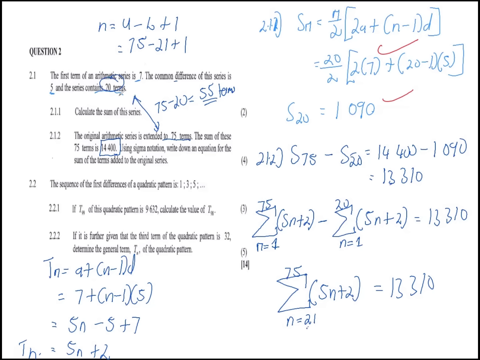So when they add the 55 terms, they're adding from 21 all the way to 75. So the 75 minus 21 is 54, and then plus 1, that's 55 terms, right? So which confirms that this is correct, right? So that's basically how you were supposed to write that, how you were supposed to indicate all of that.